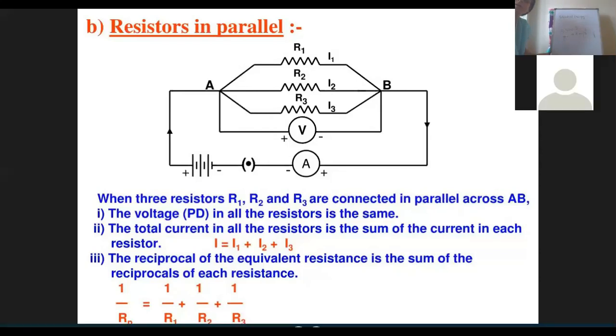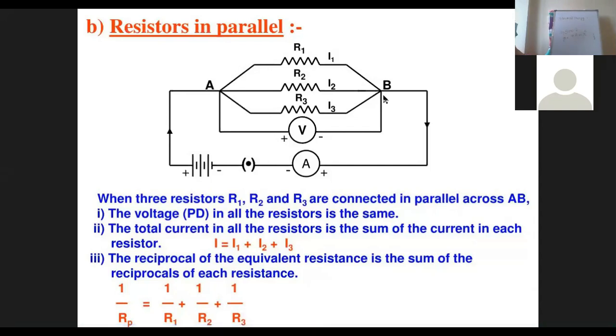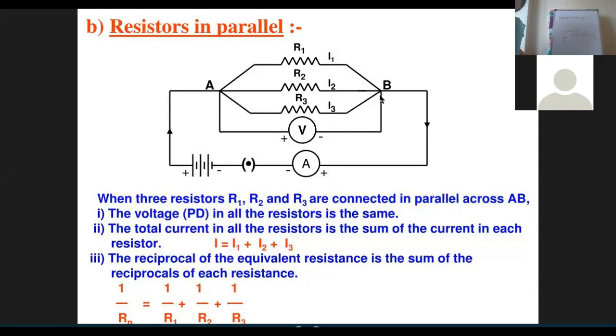Okay, yesterday in my previous lecture, I discussed how resistors can be connected in an electrical circuit. There are two ways of connecting the resistors in an electric circuit: either in series or in parallel.